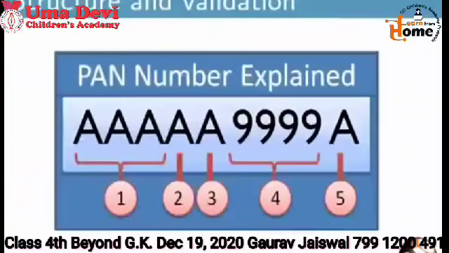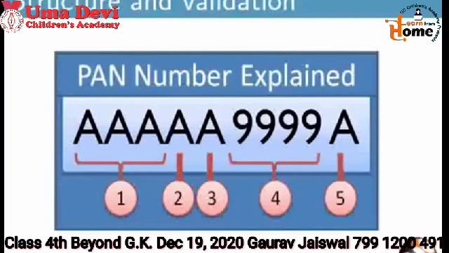PAN structure is as follows. First 5 characters are letters, next 4 numerals, last character letter. The first 3 letters are sequence of alphabets from AAA to ZZZ. The fourth character informs about the type of the holder of the card.